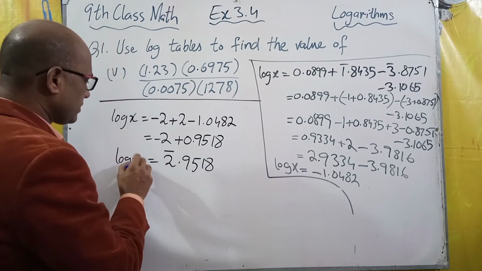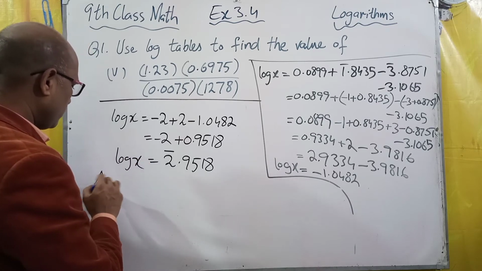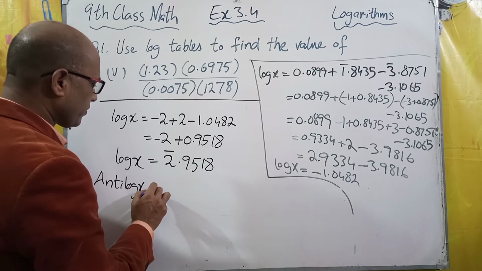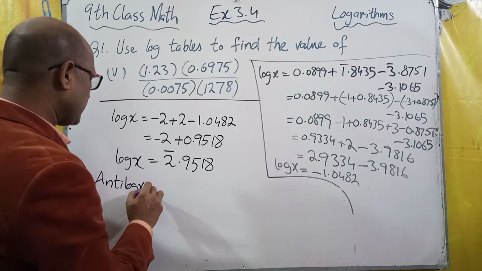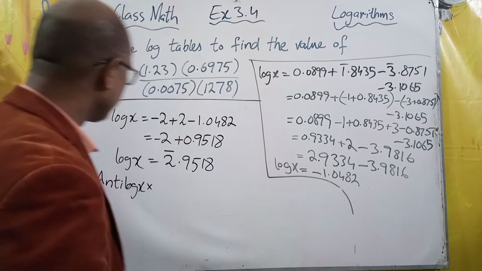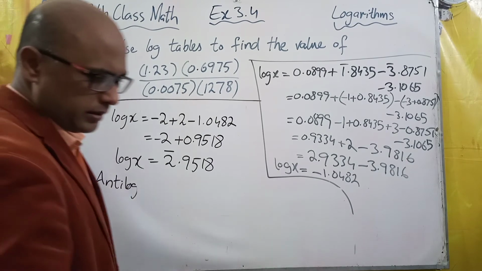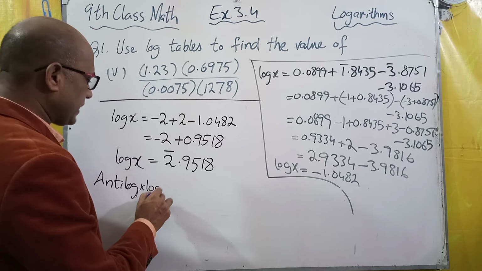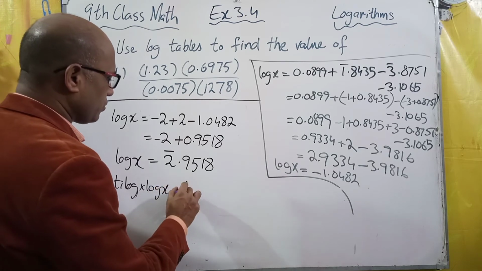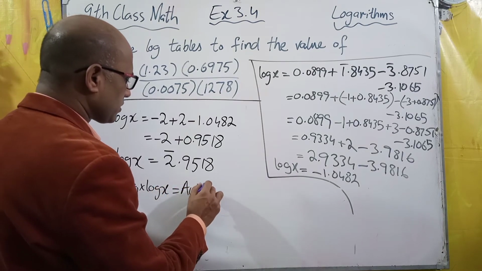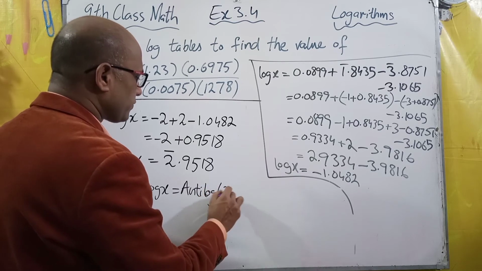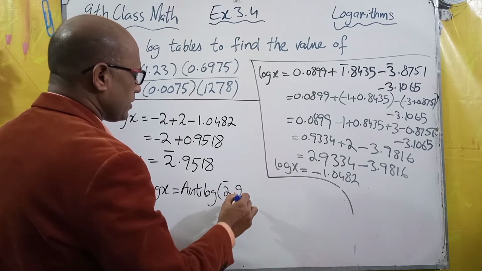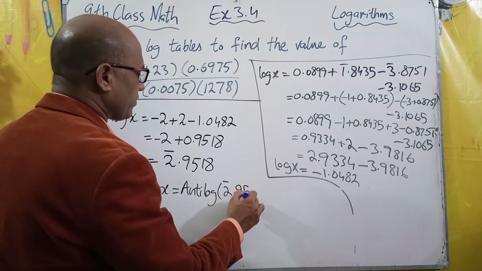So students, now we'll take anti-log of this number. Anti-log of log x is equal to anti-log of bar 2.9518.